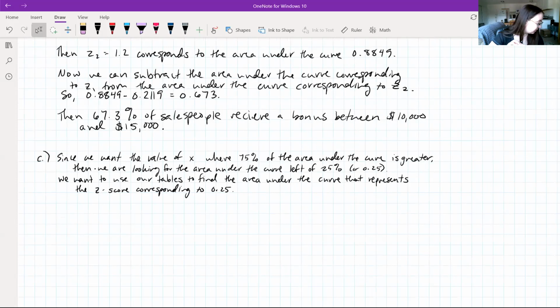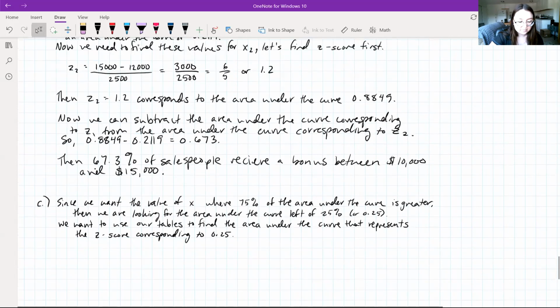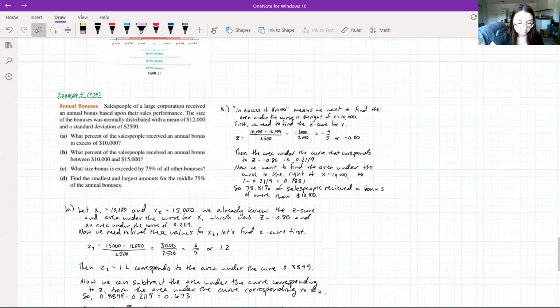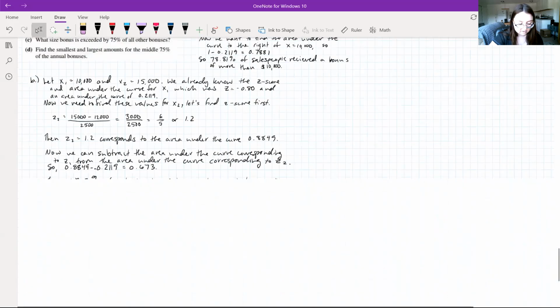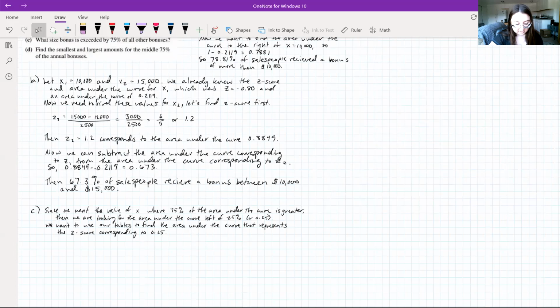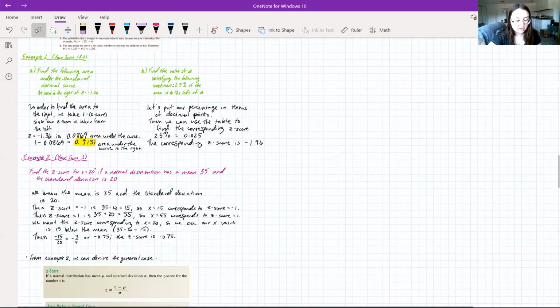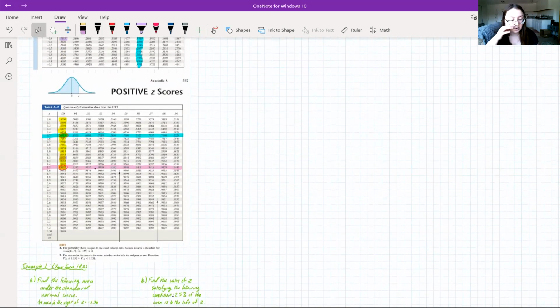All right. So now we can go in and find the area under the curve corresponding to 0.25, or our z-score that's going to correspond to 25% of the area under our curve.